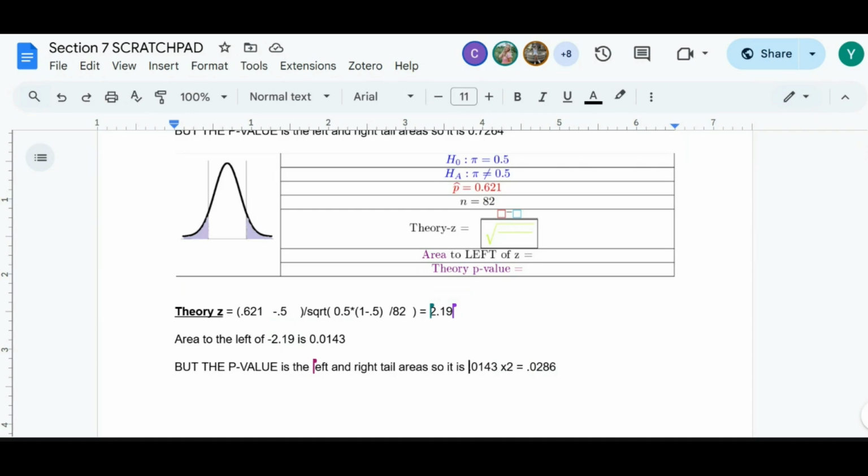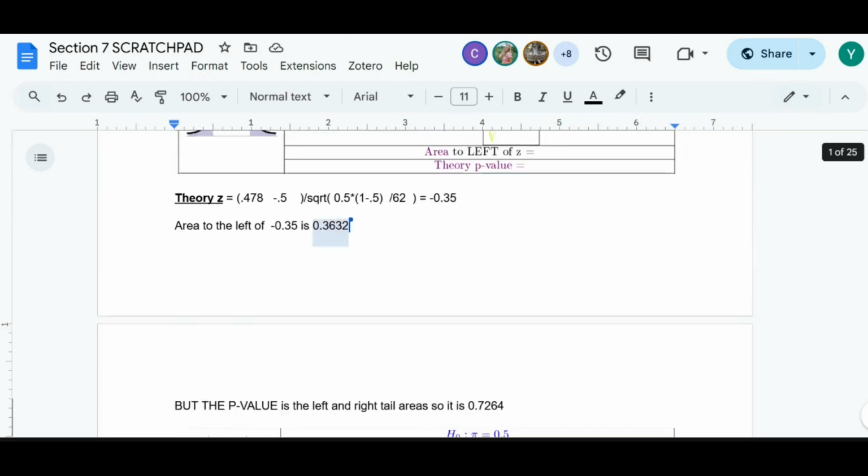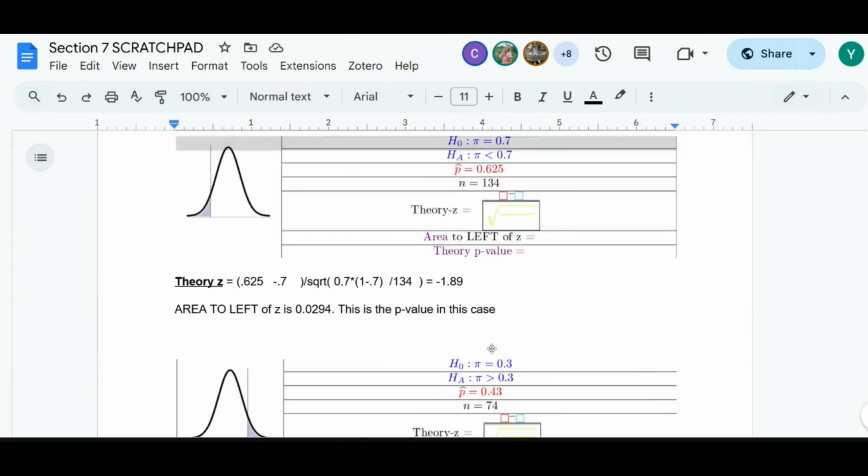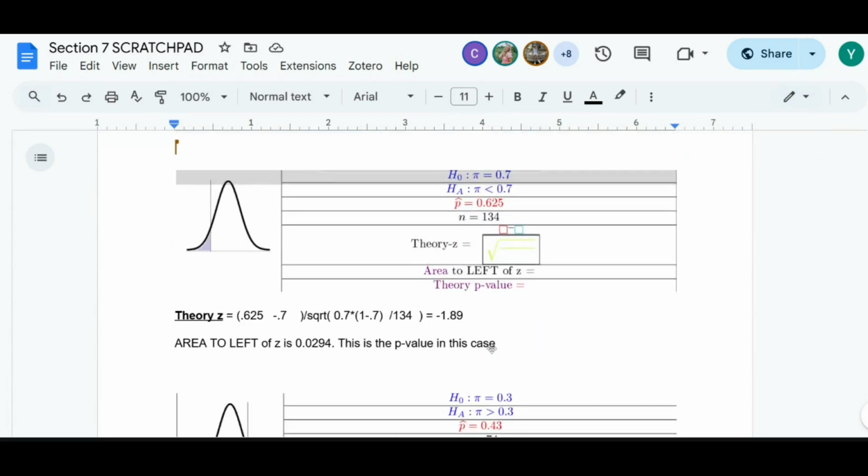So let me just very quickly, before we go, take 2 minutes to summarize what we did today. We learned theory z, which has this formula which I've used many times today. Once you calculate z, you answer a few questions. You need to look at the area to the left of that number. If it so happens that it coincides with your alternative hypothesis, there's nothing else that needs to be done.